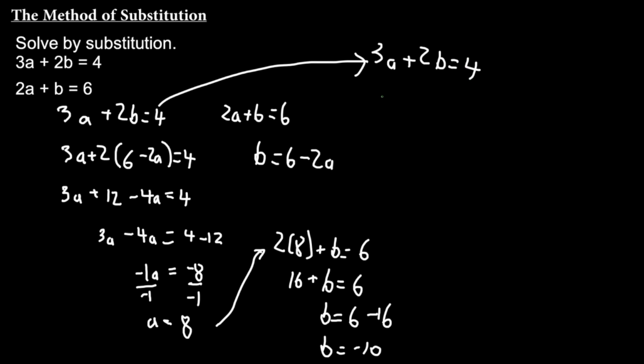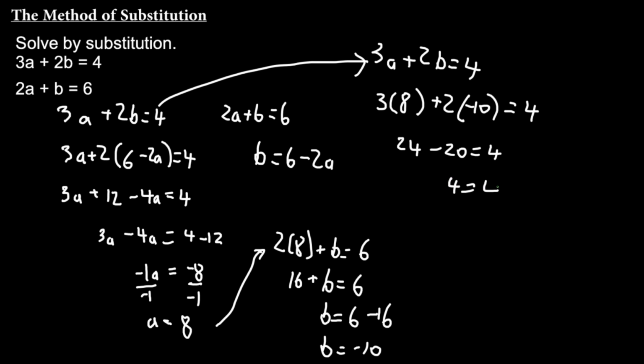So 3 times a was 8, so 3 times 8, plus 2b, b is negative 10, equals 4. Let's see if it actually equals 4, if this equation makes sense. 3 times 8 is 24, 2 times negative 10 is negative 20, equals 4. 24 minus 20 equals 4, so 4 equals 4. Therefore, it makes sense, we're good.